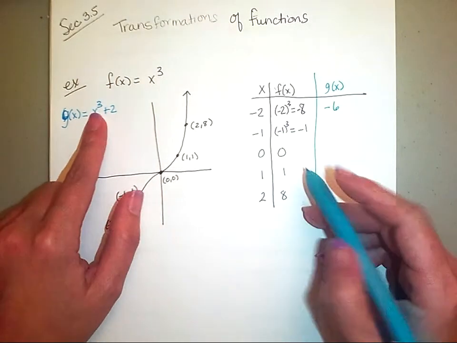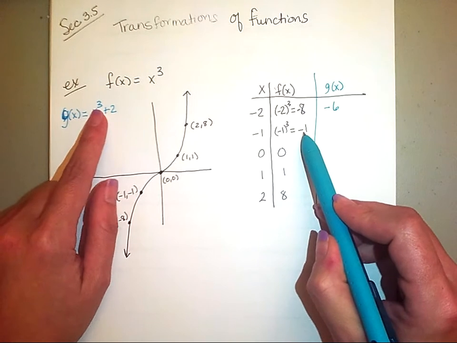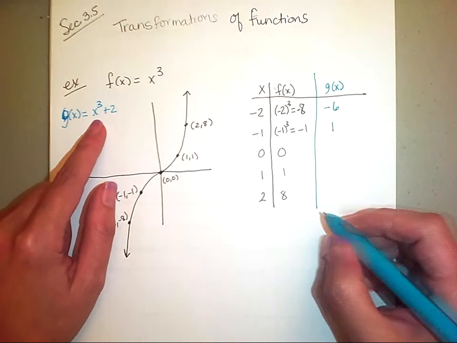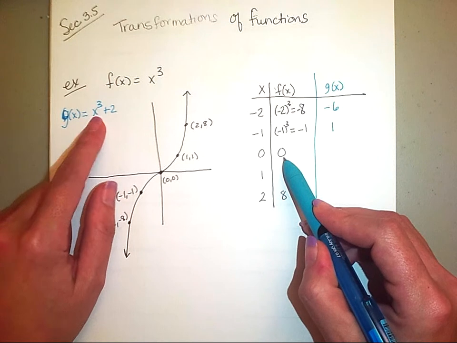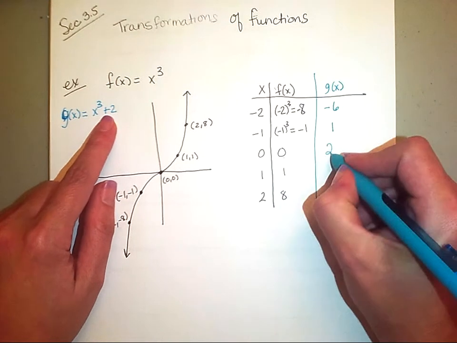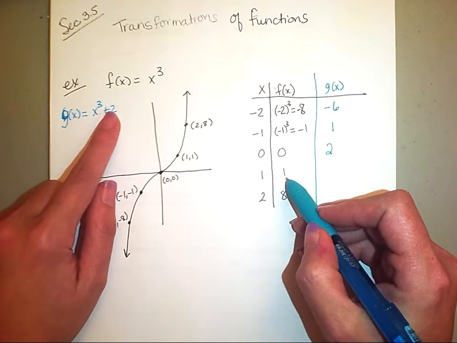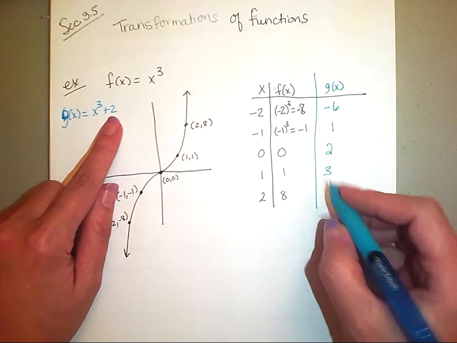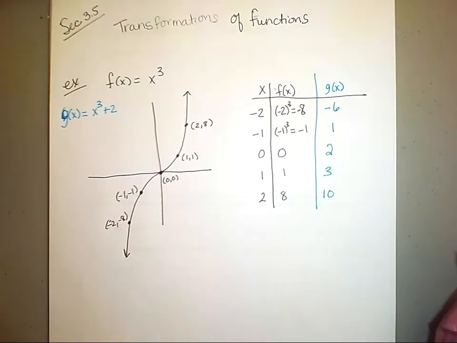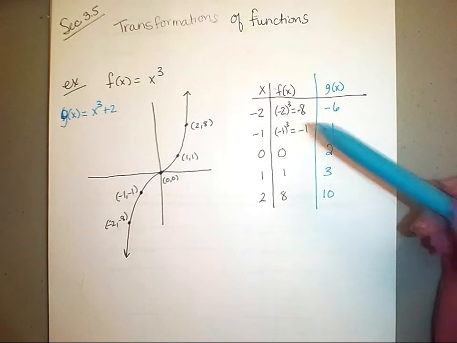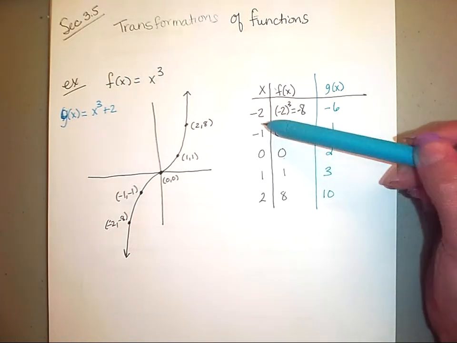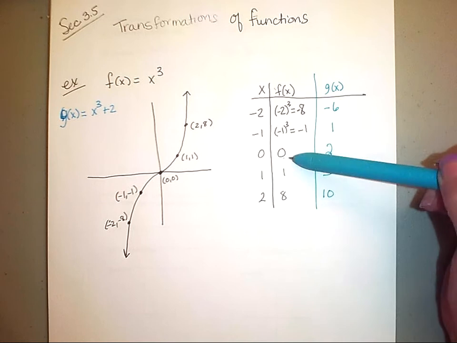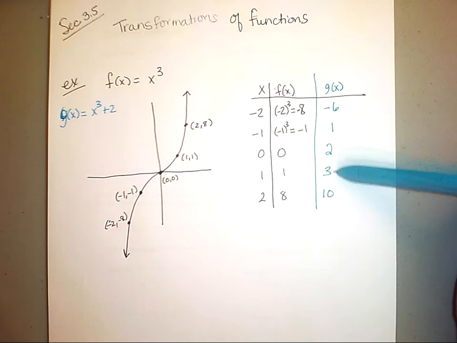At negative 1, we have negative 1 cubed, which is negative 1, and we add 2, which is now 1. 0 cubed is 0 plus 2. 1 cubed is 1 plus 2 is 3. 2 cubed is 8 plus 2 is 10. So notice what happened here is the x values stayed the same because I picked the same, but to each of the y values, or the function values, I added 2.